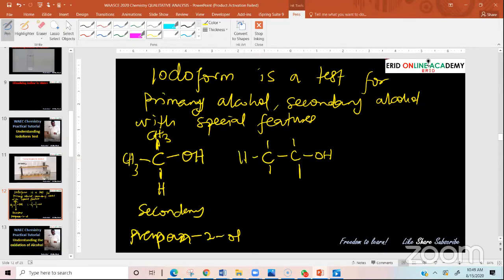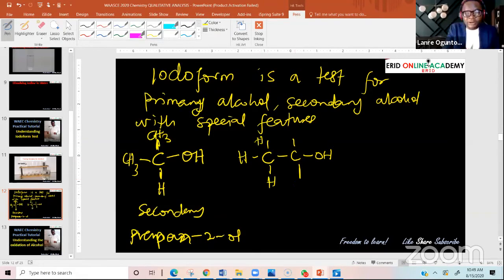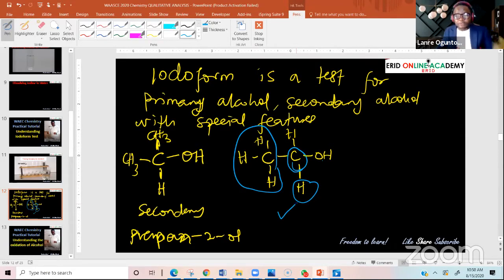Ethanol is this. On the carbon carrying the OH, ethanol has hydrogen and a methyl group. This is a methyl group. So it means that it will give a positive test with iodine. This secondary alcohol is propan-2-ol, and this one is ethanol.